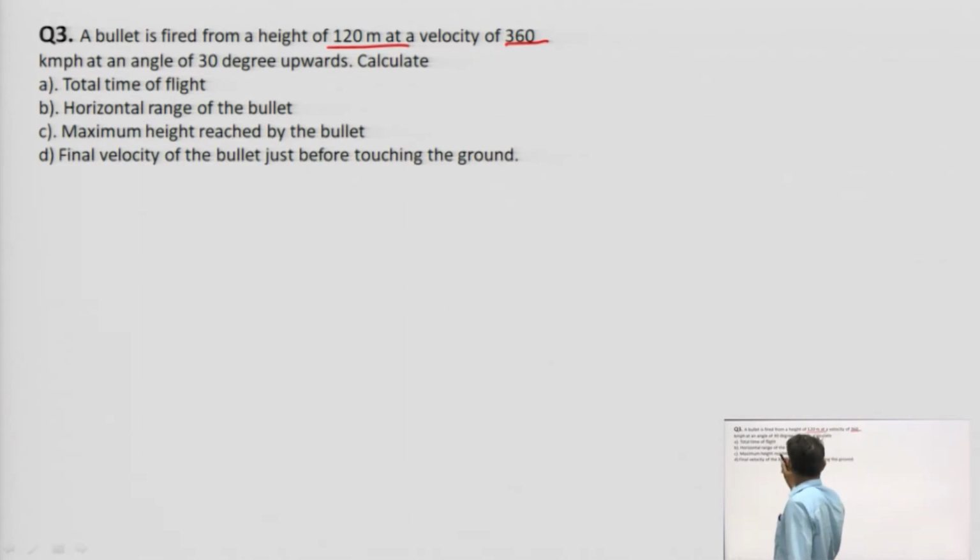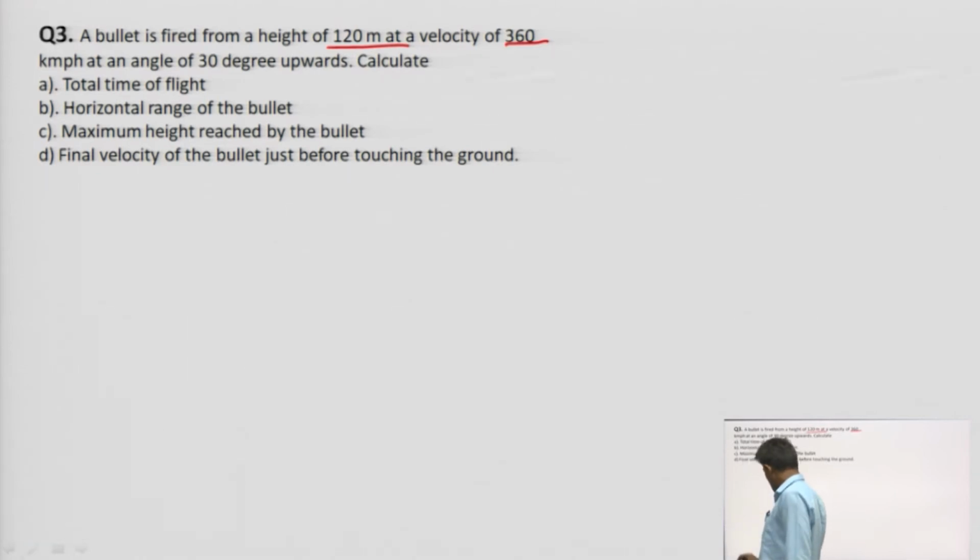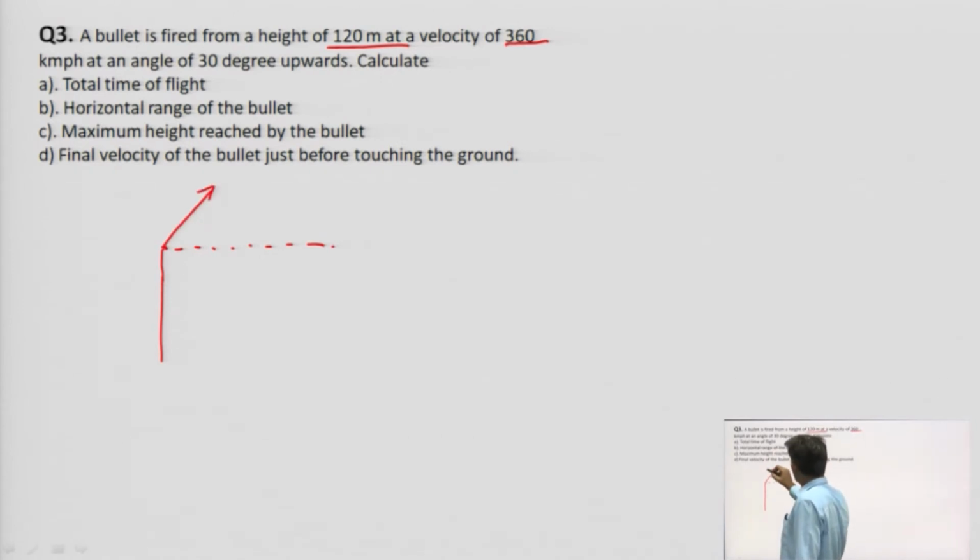From a height, okay, height is 120, from this height, velocity u is equal to 360 kilometer per hour.